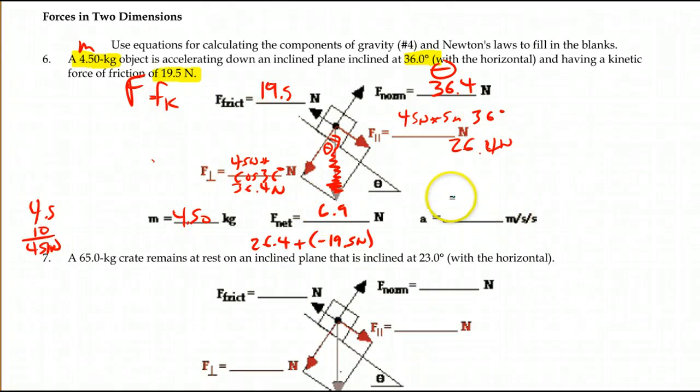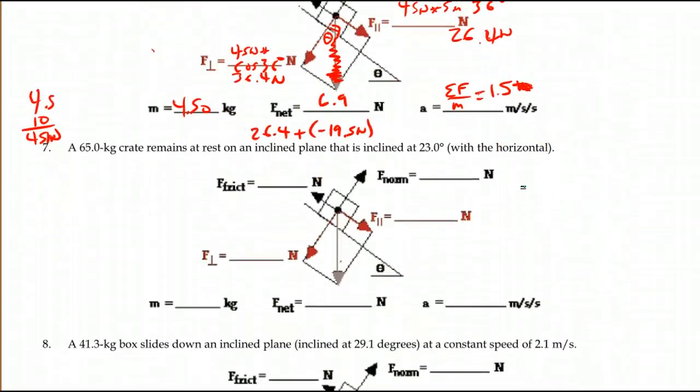And again, the acceleration is going to be that net force, which is also the addition of all the forces, divided by the mass. Now be careful, it's not the weight. So it's going to be 6.9 newtons divided by the mass of 4.5 kilograms. And we get 1.5 meters per second squared down the incline.